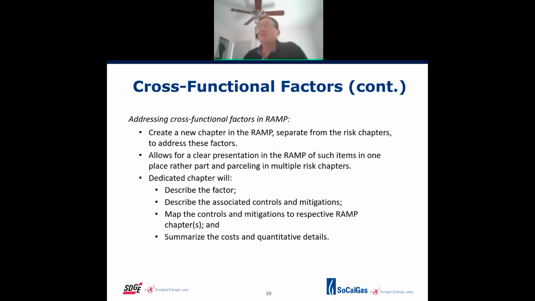And this dedicated chapter will describe the factor, describe the associated controls and mitigations, and map the controls and mitigations to the respective chapters, meaning we anticipate there being a table, and within that table it will have the cross-functional factor and then identify which RAMP factors it has a connection to. And then when we look at those individual RAMP chapters, there will also be reference back to which cross-functional factors are, if you will, influencing it. And then we'll be summarizing the cost and the quantitative details.